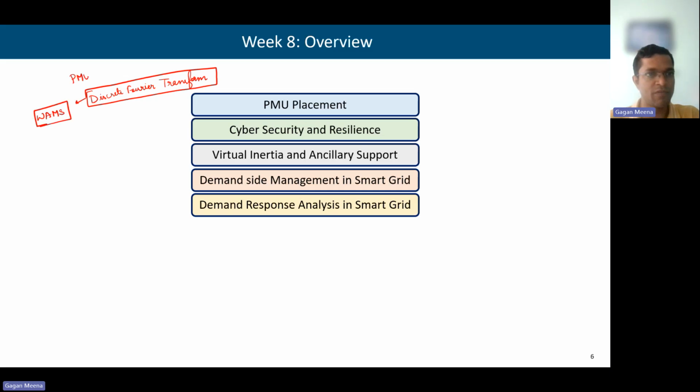And we also discussed how the PMU estimates the voltage and current phasors using the discrete Fourier transform of the input voltage and current signal.